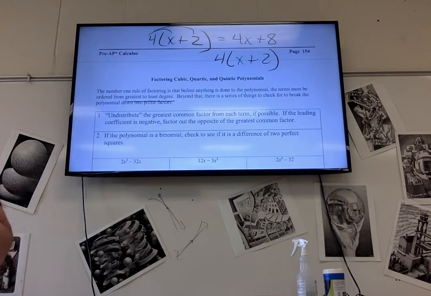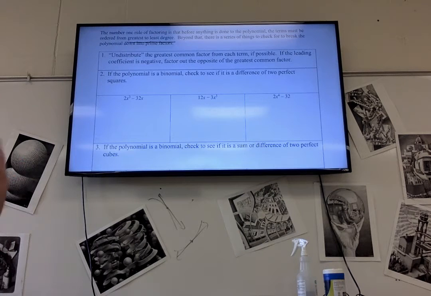After you put them in order, your first step is to factor out the greatest common factor, or undistribute. And if that leading coefficient, does anybody know what that means? Yeah, if the number in front is negative, then factor out a negative. That's what it says.